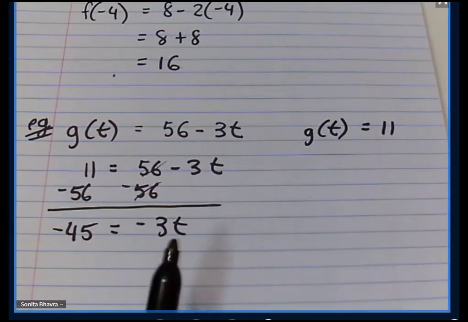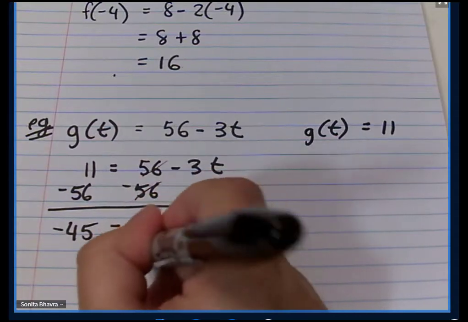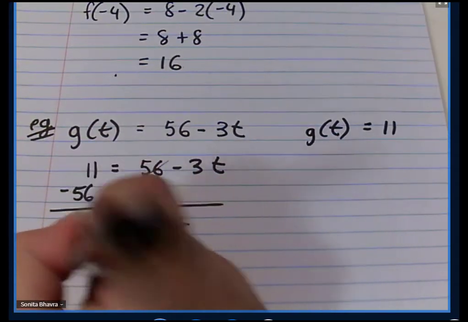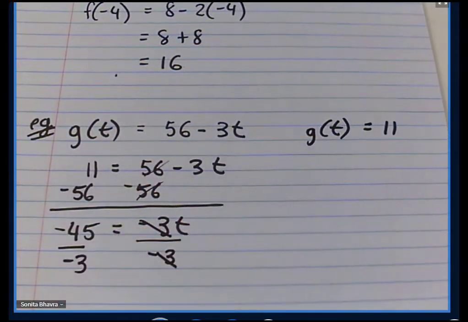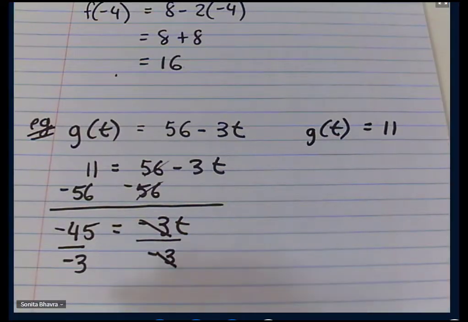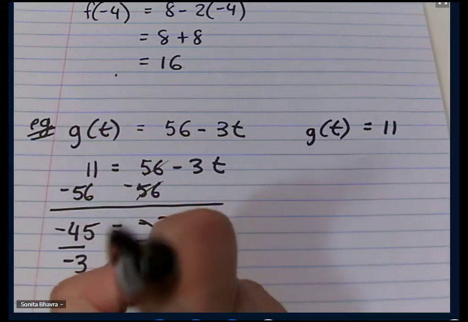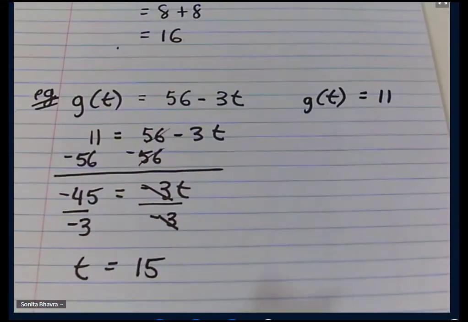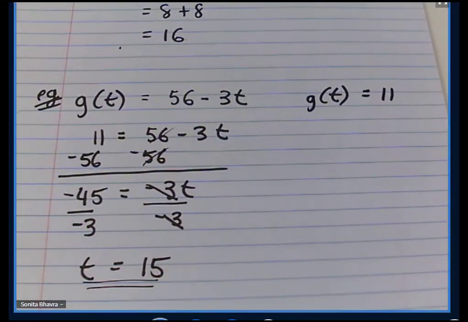All right, I'm still trying to solve for t, so I have to get rid of this negative 3. So divide by negative 3 on both sides. That leaves me with 15. All right, so that was just a quick recap of function notation that we looked at last class.